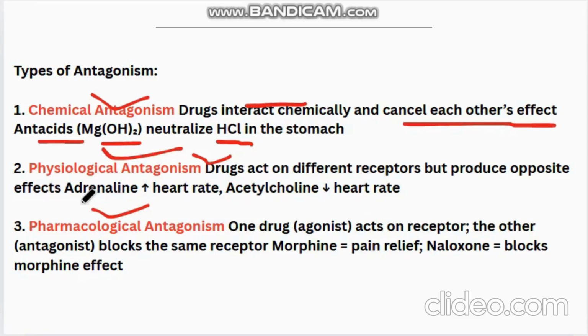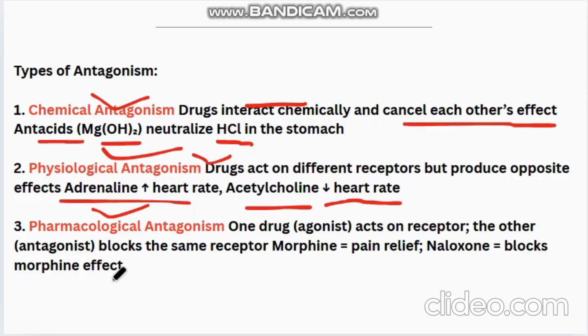For example, adrenaline increases the heart rate. Similarly, acetylcholine acts on another receptor and reduces the heart rate, and the effect is neutralized. That is not a beneficial effect; it may cause a harmful effect. But here the drugs act on different receptors, that is why it is called physiological antagonism.